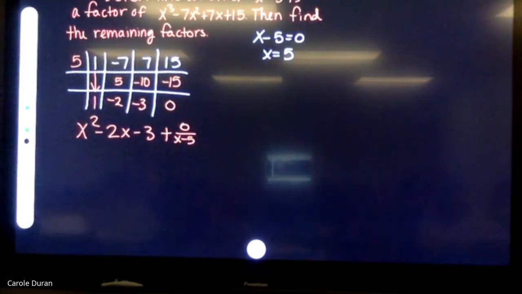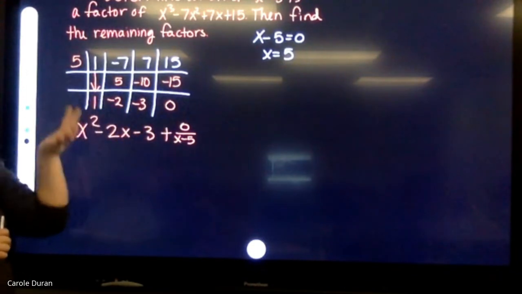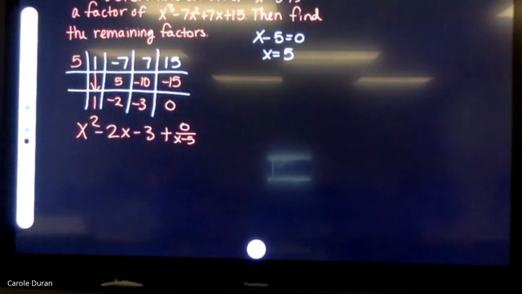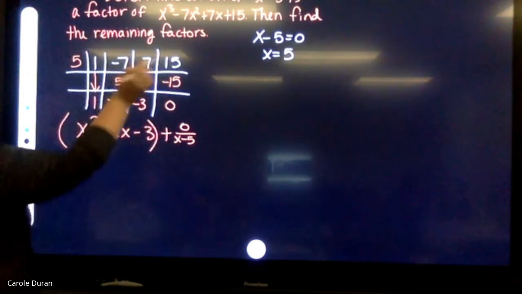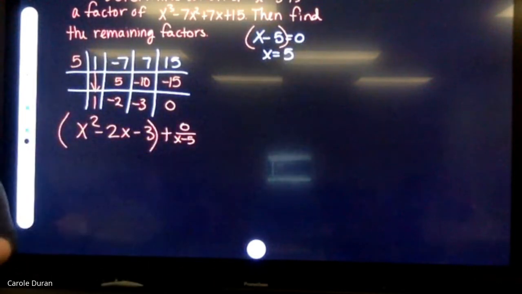So when I do, I just apply each of those coefficients to a variable starting on the right at the remainder, constant, x squared. So when I do, I get x squared minus 2x minus 3. I like to put the remainder part on there so you can remember that I indeed had nothing left over when I did this division process. So now this quotient and this factor can be written as a product to equal that original polynomial.